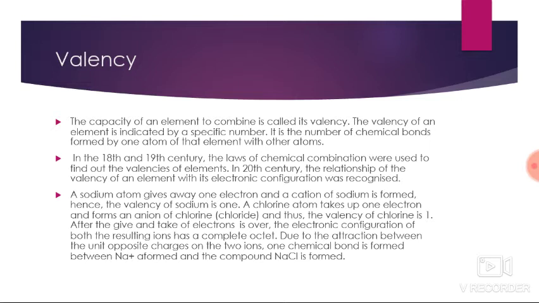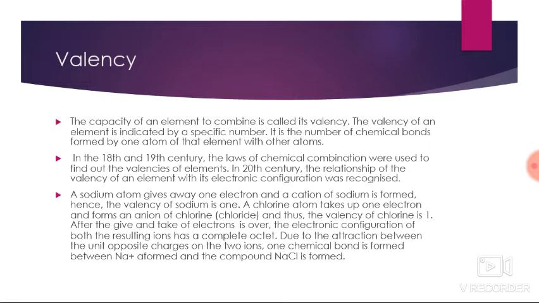So it is giving it to chlorine. Why? Because chlorine's electronic configuration is 2, 8, 7. What is its atomic number? It is 17. So it has 7 electrons in its outermost shell and now wants only one more to complete the octet, that is 8 electrons.